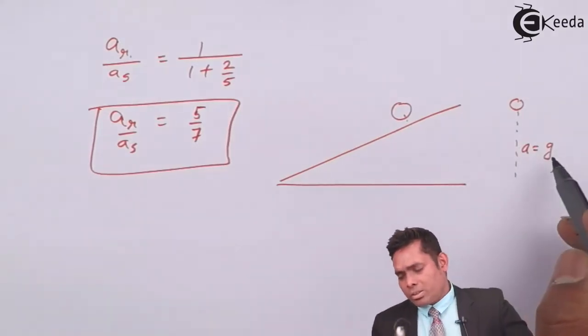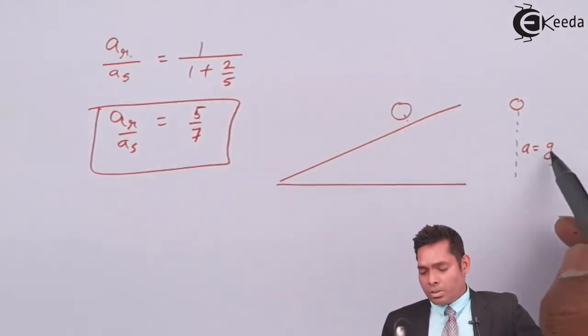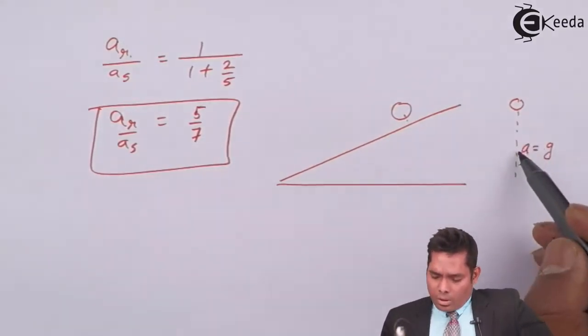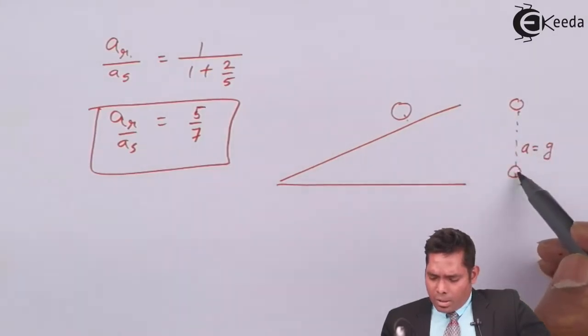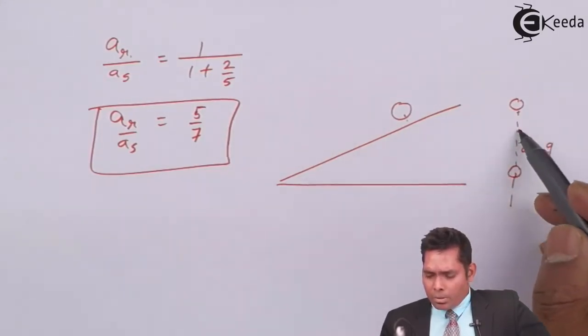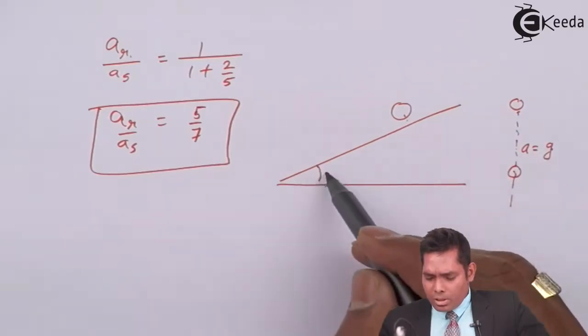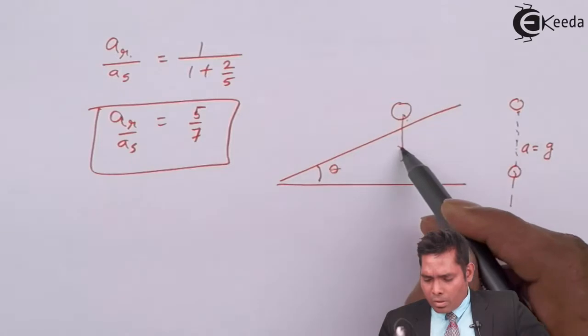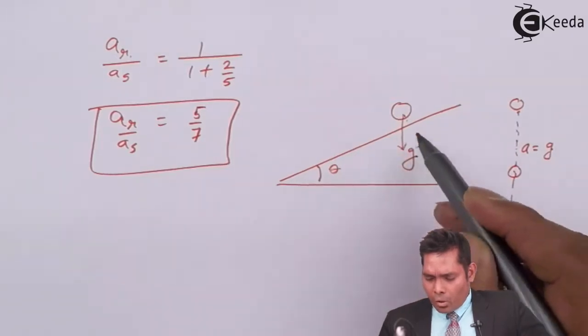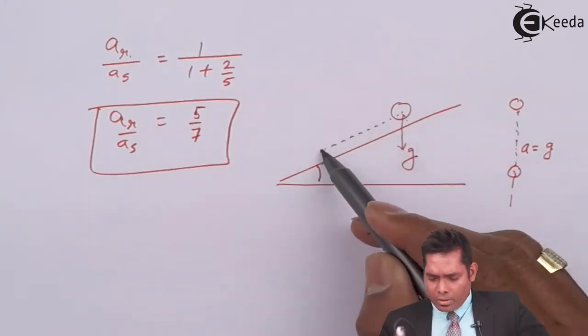I'm not taking into consideration the negative sign of g, only g. This is the path of the object, and in the direction of displacement the acceleration is g. If this angle is theta, the acceleration acts downward and the object is actually moving in this direction.